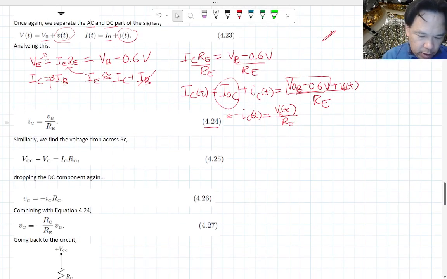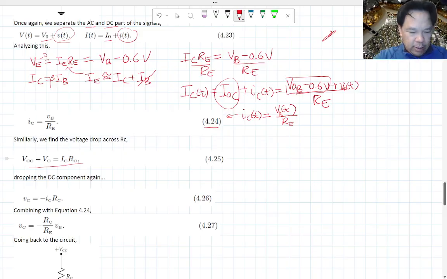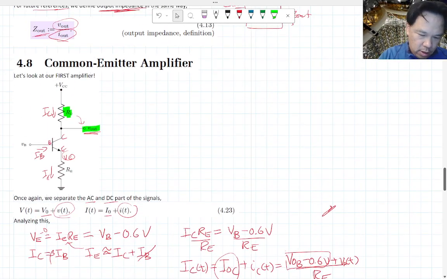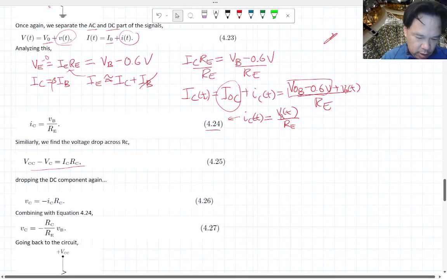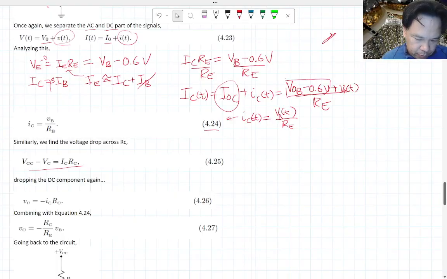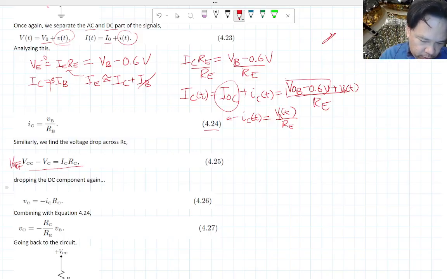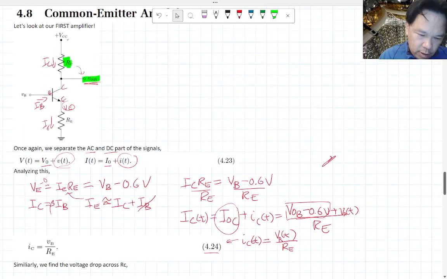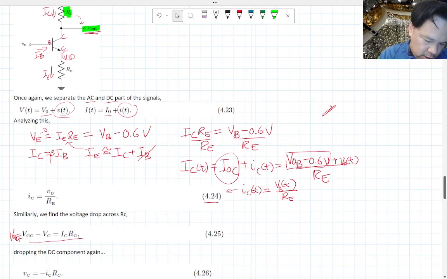Similarly, we can do a similar analysis from VCC up here, and how it crosses this resistor, and that's how we can get to V out. In fact, V out is actually VC.